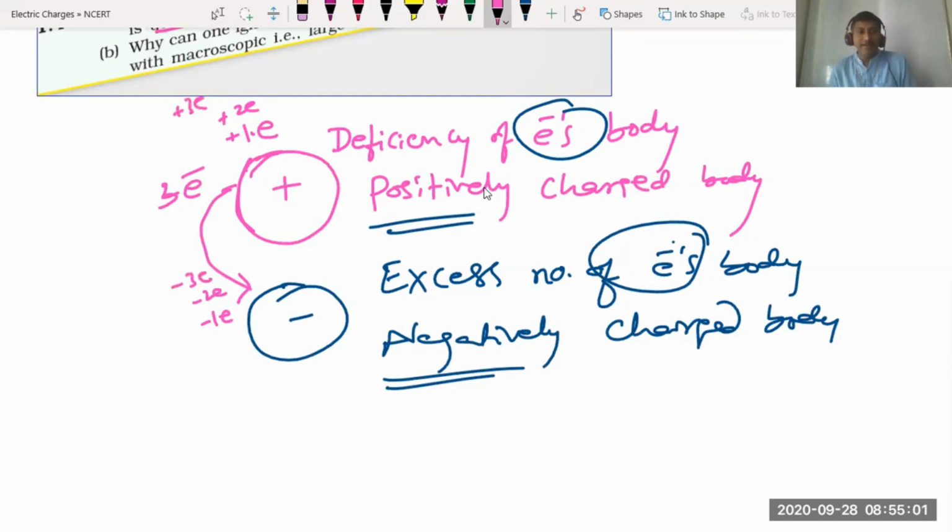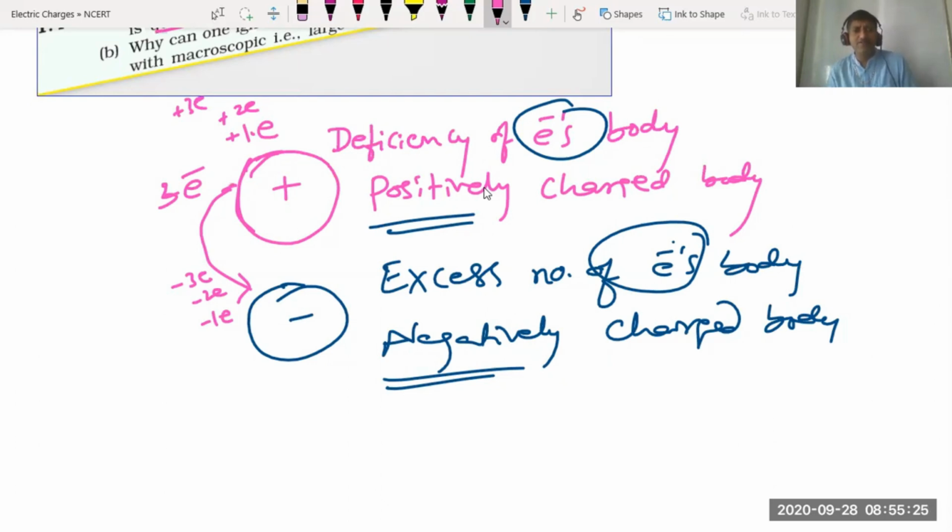So whenever we express the charge on a body, it is described with the number of electrons. Half of an electron cannot reach from one body to another, so in terms of fractions we cannot express the charge on a body.